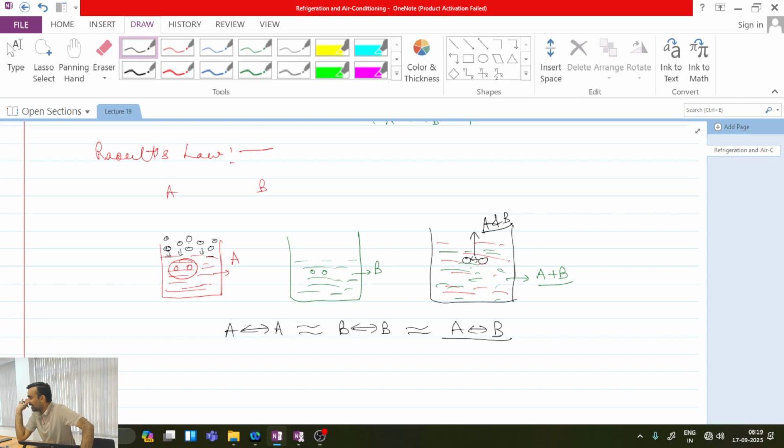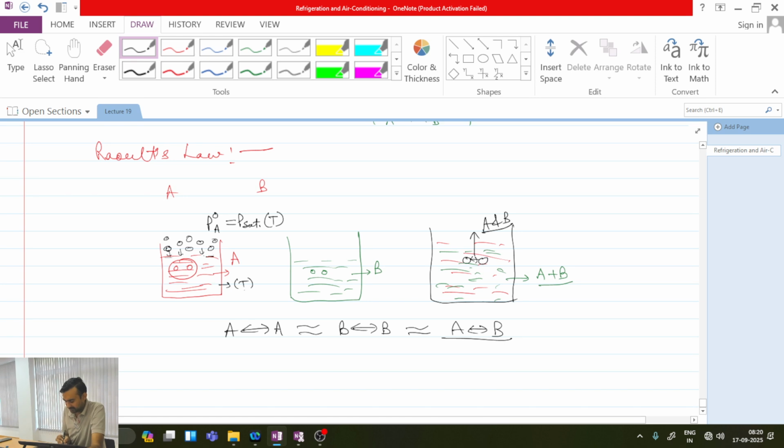Is this point clear? And that is what we call the vapor pressure P naught A. And this vapor pressure is nothing but the saturation pressure at the given temperature.